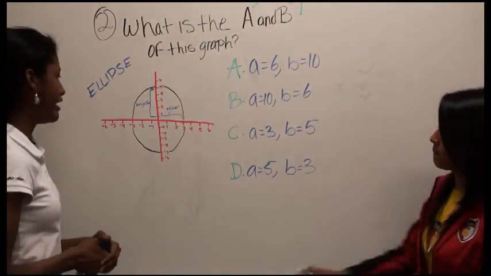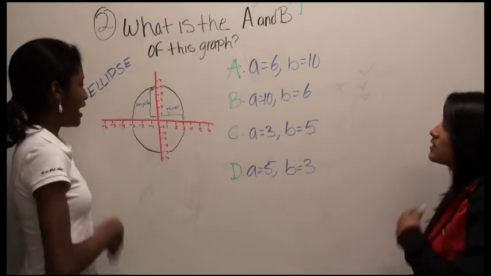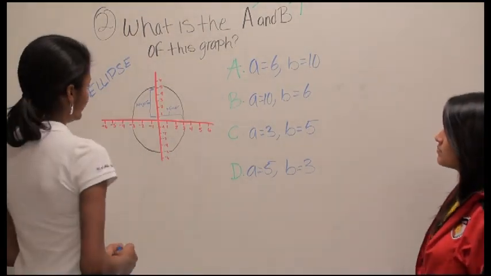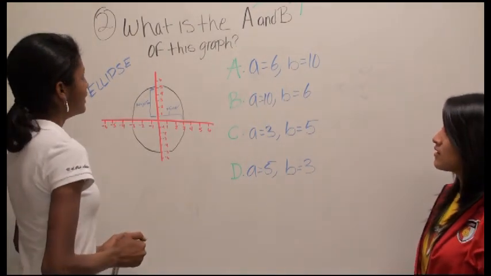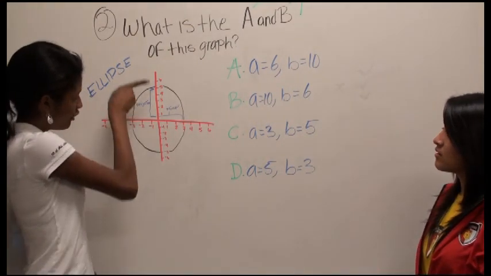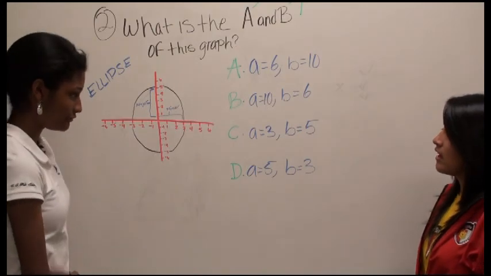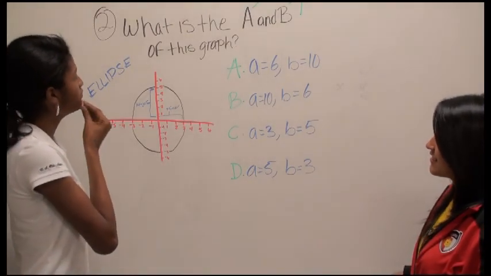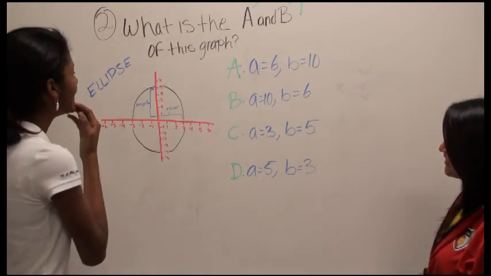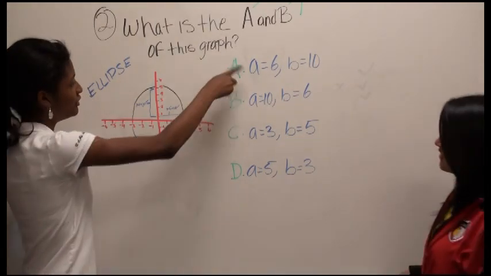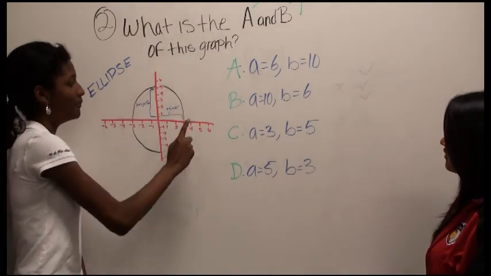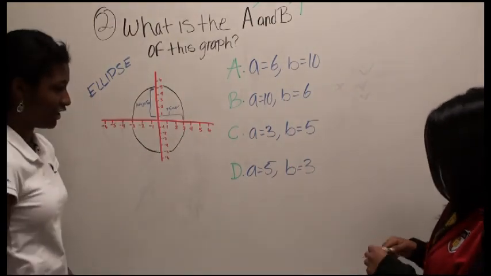Alright. Now that we have our major and minor and we know what A and B is, let's see. Anna, is A going straight across or just half? It's going half. It's just going half. So, I guess that would mean that these two would be out because that would be 10 and that would be 6. But it's not going straight across.